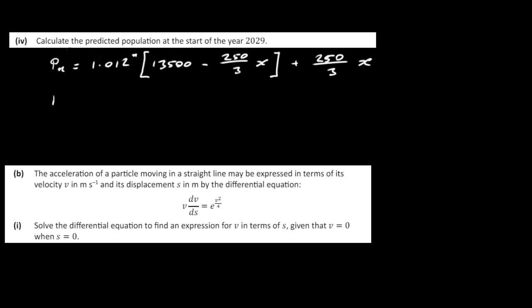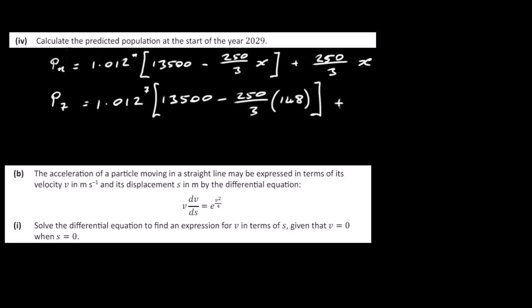So we're going to put in 7 here, so P7 is equal to 1.012 to the power of 7 times 13500 minus 250 over 3 times 148, and then plus 250 over 3 times 148.